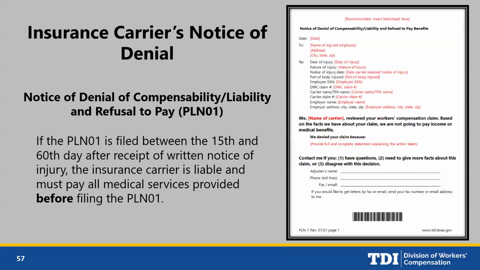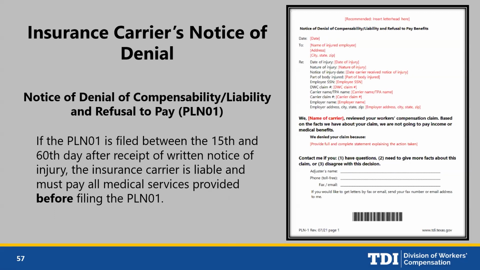So the first notice I want to talk about that's in the carrier's bucket of tools: if they question the compensability, that's the entire injury or illness or psychological trauma or whatever the claim is by the injured employee, if they deny it in its entirety, they send out a notice of denial for compensability, liability, and refusal to pay under a plain language notice 01.